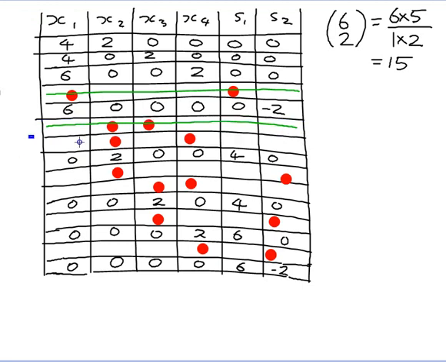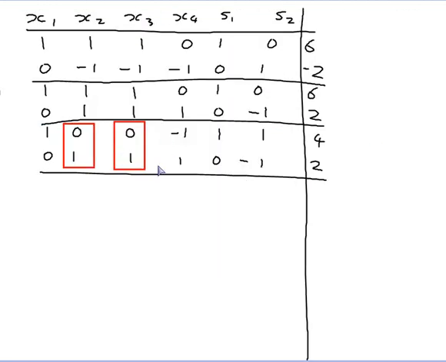The next one on the table is x2 and x4, so let's go back and have a look at those. x2 and x4. That looks like one that might work. What do I need to do to achieve an identity matrix there? Well, I'd need to put a 1 in this spot and a 0 here. Oh, just a second.